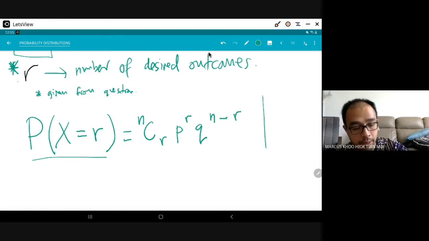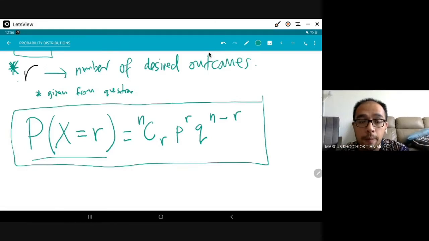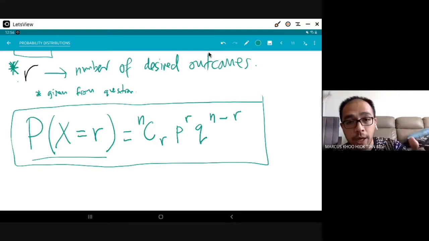This is the most important. Small letter p to the power of r, small letter q to the power of n minus r. Okay, and then r will be equal to, oh no, actually this is wrong. It should be r equals 0, 1, 2, 3 and so on and so forth. Why did they write r equals 1? A mistake.